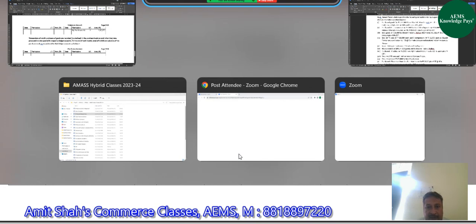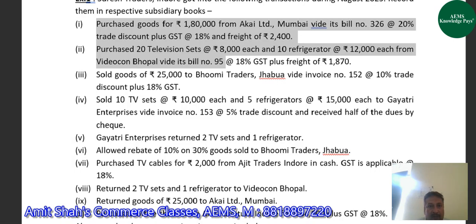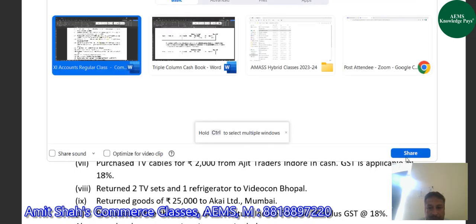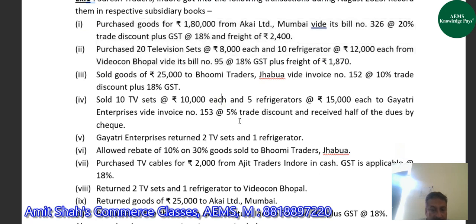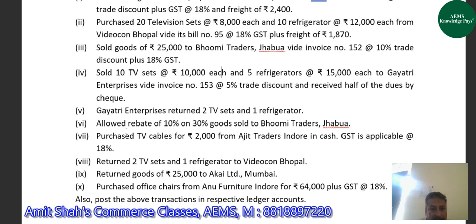Now, if you see the question, there is one purchase of goods in cash. So this would first be recorded in the cash book, and from the cash book it would be posted in the purchase account. How to record this in the cash book, I have already explained to you guys earlier while covering the cash book.